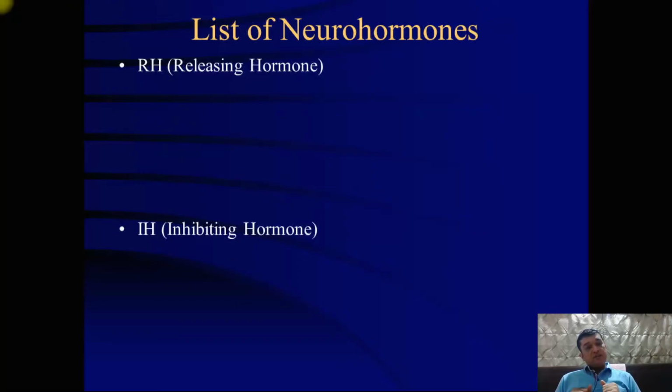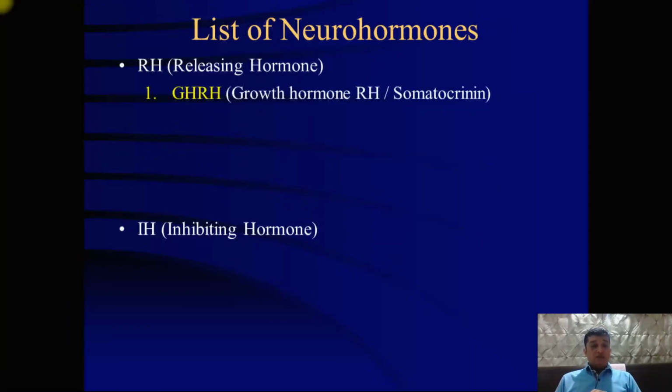RH refers to releasing hormone. Why are they called releasing hormones? Because once they are released from the hypothalamus, they go to the anterior pituitary gland and stimulate the release of the counter hormone associated with their function. For example, the first one is growth hormone releasing hormone.